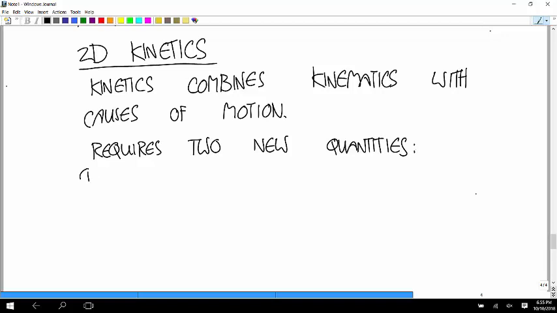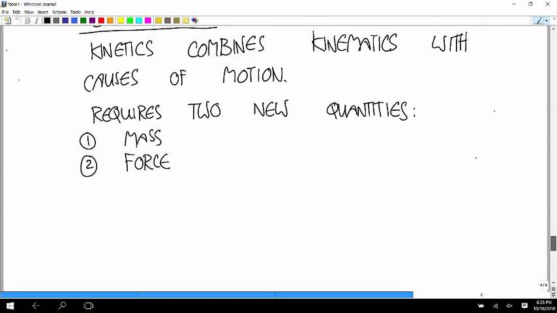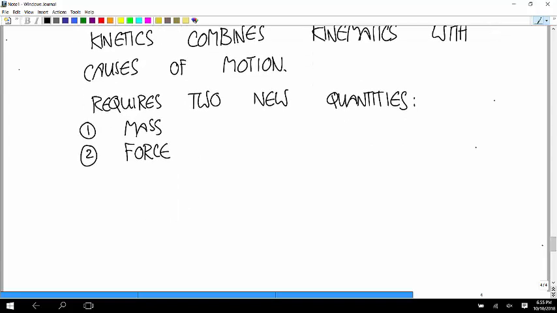And those are mass and force. And so I'm going to start by defining mass. That's going to be the simpler one to define. That'll be fast. And then for a long time after that, we're just going to talk about defining different types of forces.